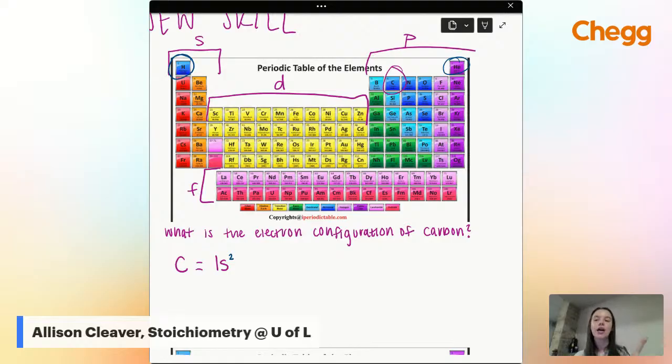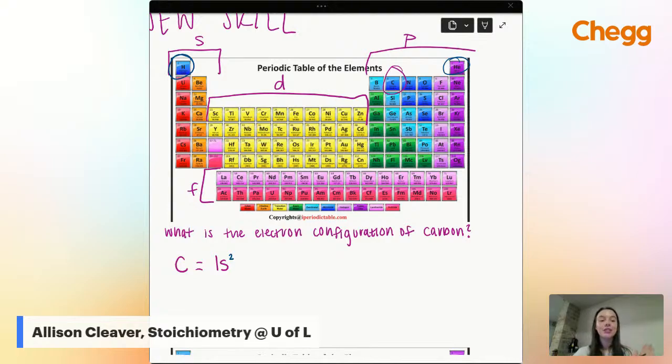The 1 signifies the first orbital. And you could think, oh, it's the first row. If only it were that easy, but chemistry is never that easy. So it's the first orbital. It matches the rows for S and P orbitals, but once we get to D orbitals, the rows don't match up with the numbers. But that's for another problem.